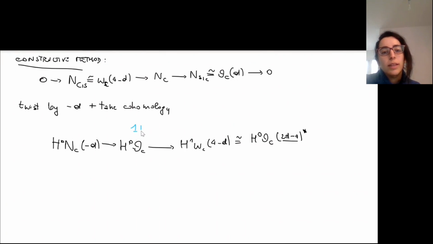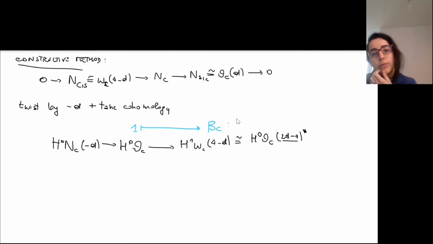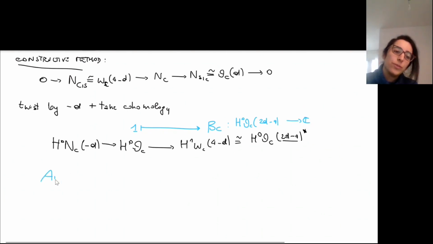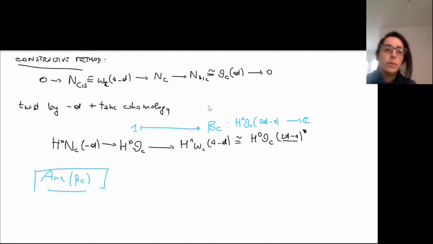We take the one here and we go to the image of one, which is a linear form in the dual. Again it is a linear form, and we can take the annihilator of beta C. That could be seen, more or less with caution, as the kernel of this map here, and we see that the kernel of this map, by exactness of the sequence, is the image.